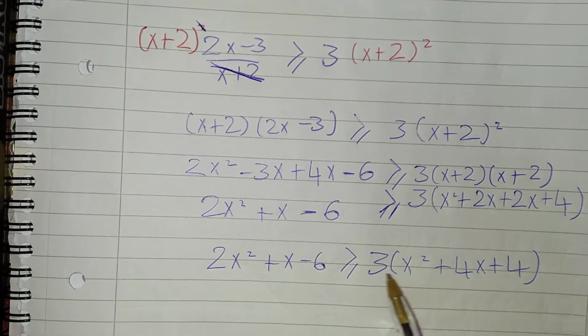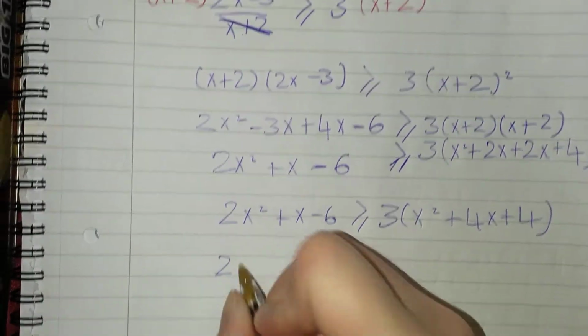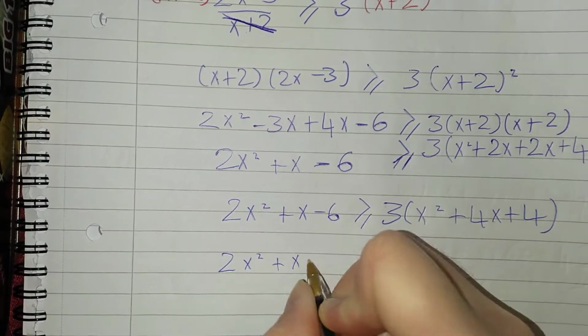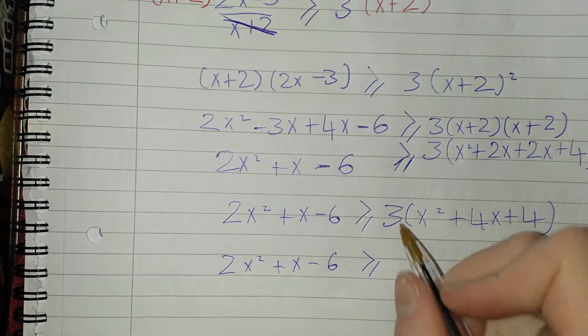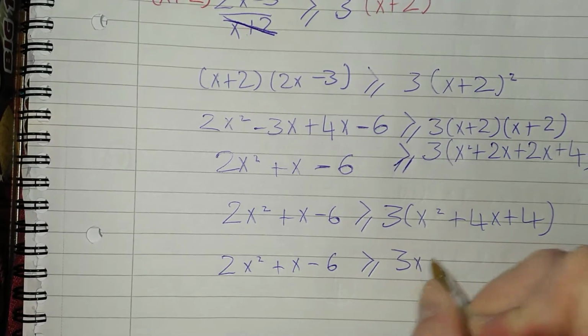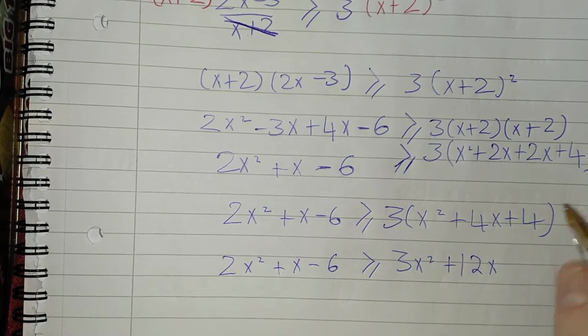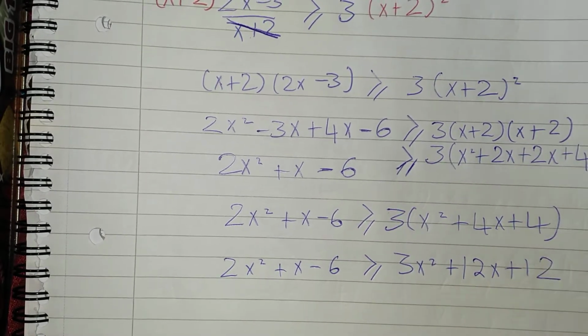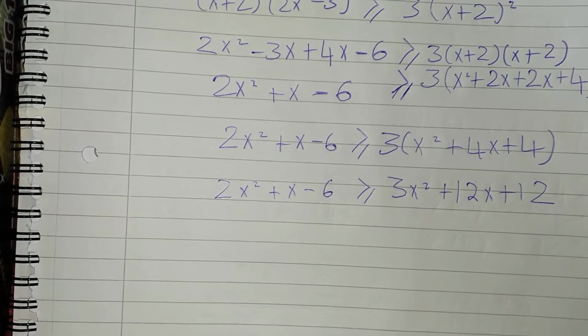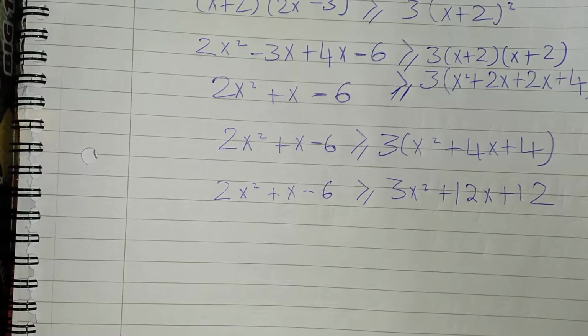So 3 by x gives me 3x squared, 3 by 4x gives me 12x, and 3 by 4 gives me 12. So I'm going to get everything to the side where I have a positive x squared.